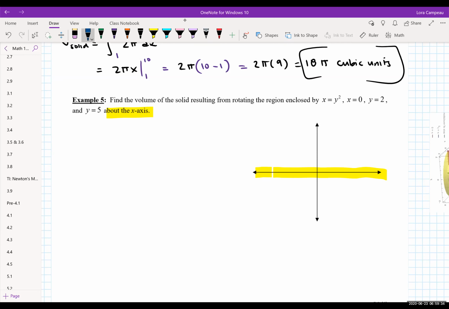I notice when I have things in terms of x, sometimes it's helpful to rewrite it so that you're solving for y. So I know x equals y squared, it's a sideways parabola. That's y equals plus or minus square root of x if you're kind of worried about that.